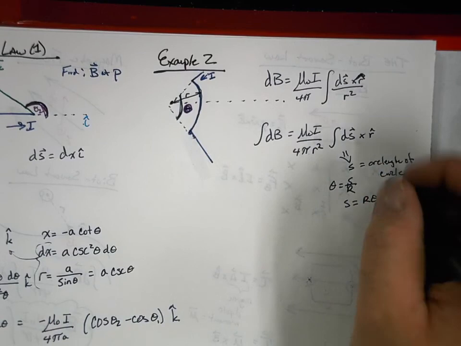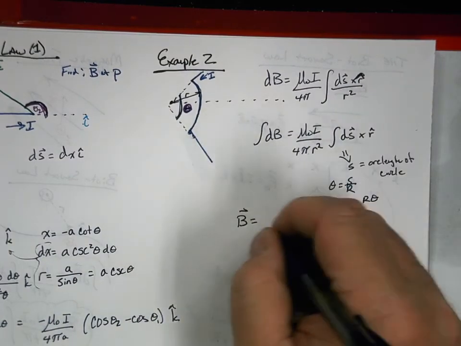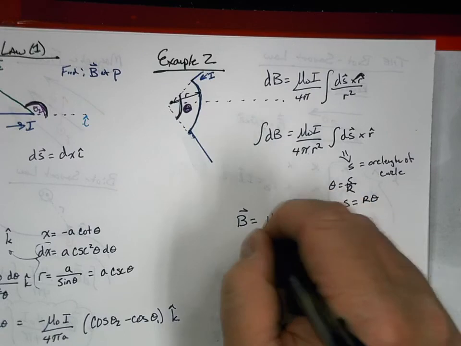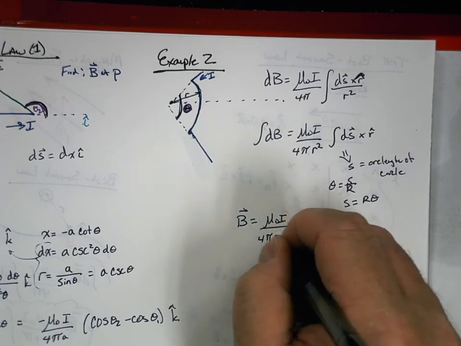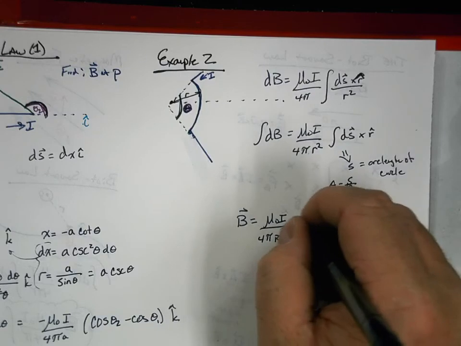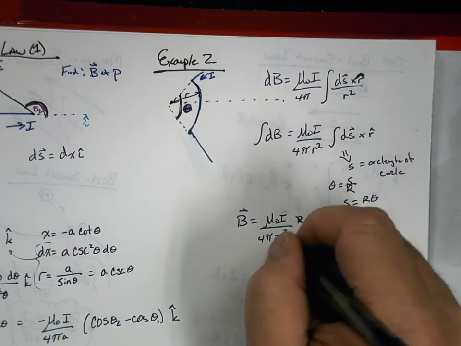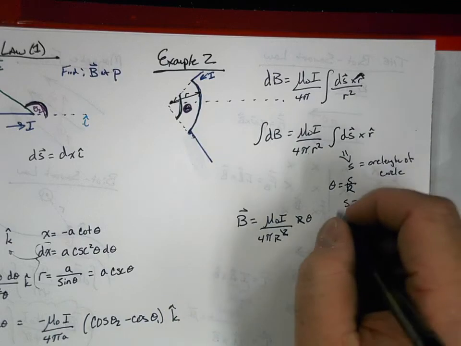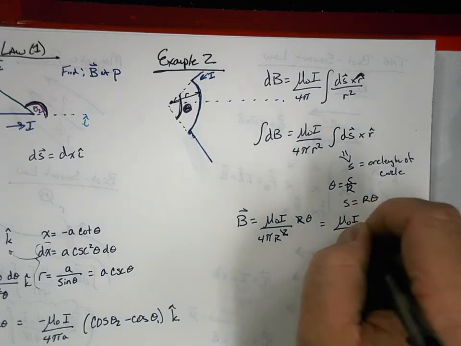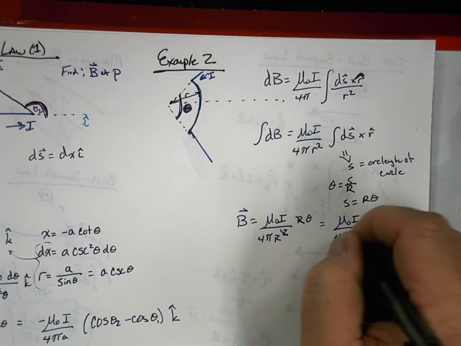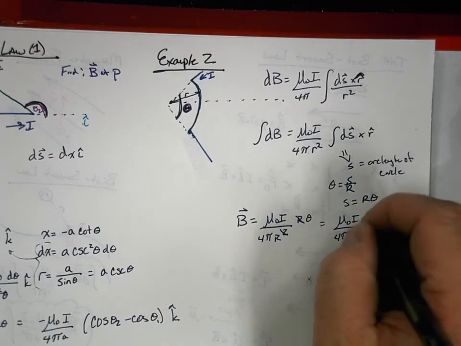So we can rewrite our B to equal mu naught I over 4 pi R squared times R theta. That R is going to cancel, and this becomes mu naught I theta over 4 pi R.